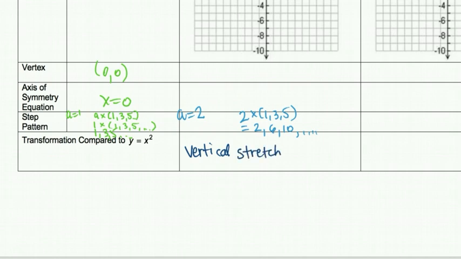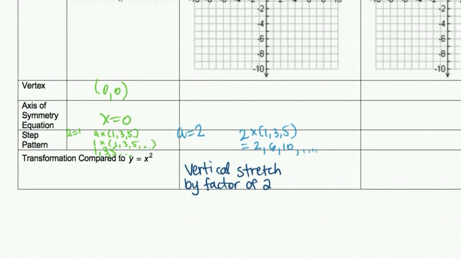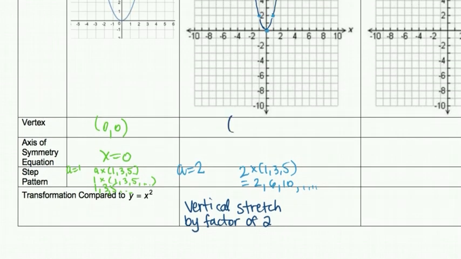That'll get you 1 point, and then to write by a factor of 2, that's the other point. So make sure all of this is here. The vertex is still in the same spot, and the axis of symmetry is still in the same spot.